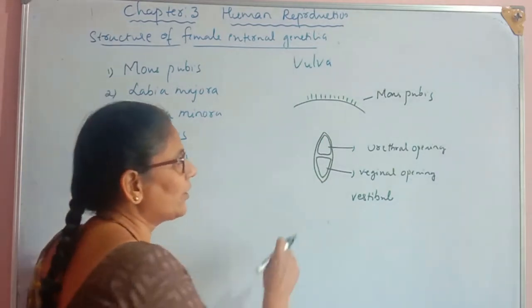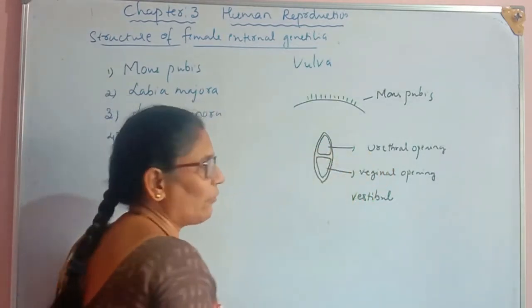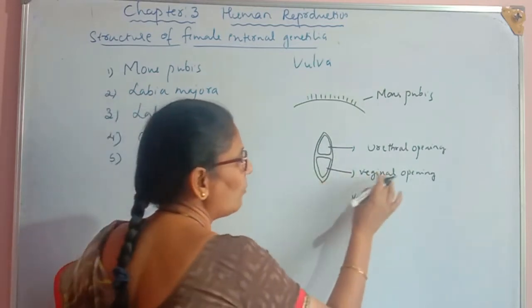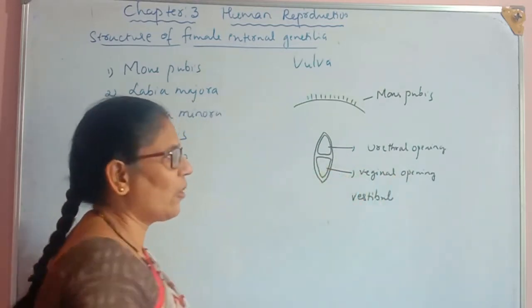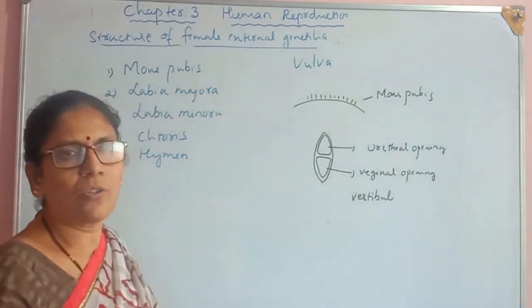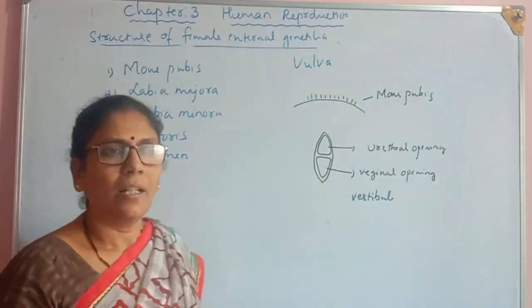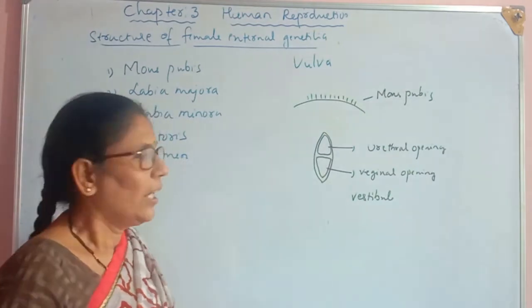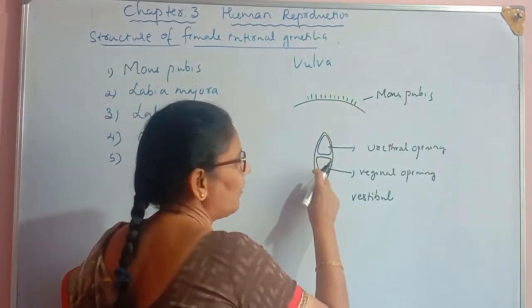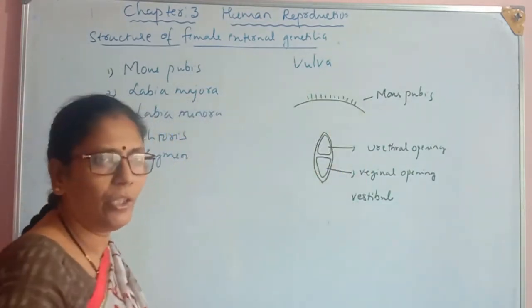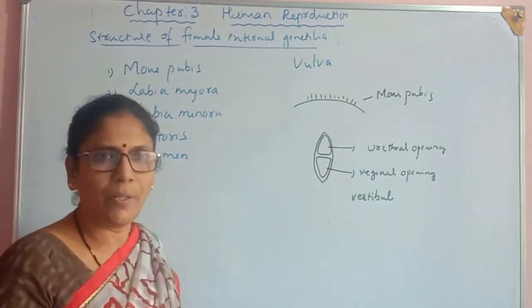The urethral opening is meant for the passage of urine, and the vaginal opening is meant for the passage of menstrual flow, and also for the movement of the semen during intercourse. The semen passes through the vagina to the upper portion of the uterus and up to the fallopian tube.